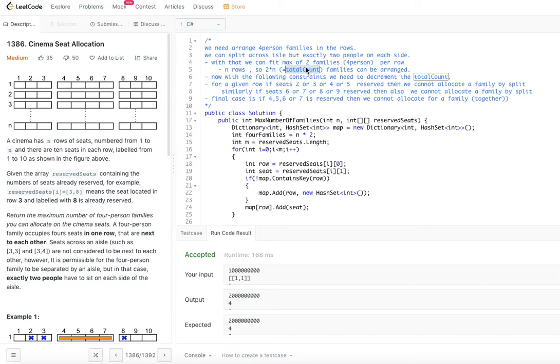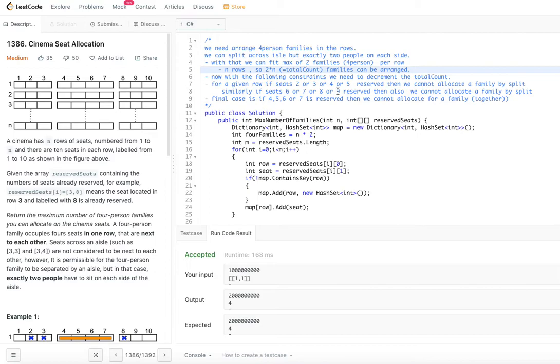So depending on the constraints given, for example, if any of the seats 2, 3, 4 or 5 is reserved, then we cannot allocate a family in that split, so we decrement the count. Similarly, if 6, 7, 8 or 9 is reserved, then also we cannot allocate the family.